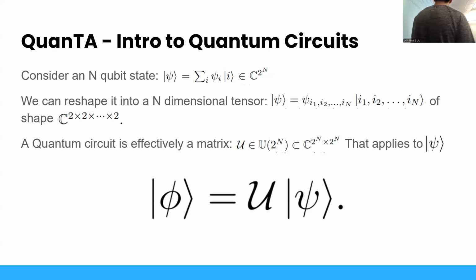So what a quantum circuit effectively is, is a matrix of size 2 to the n by 2 to the n that applies to phi. So in terms of matrix operations, it's literally just multiplication.